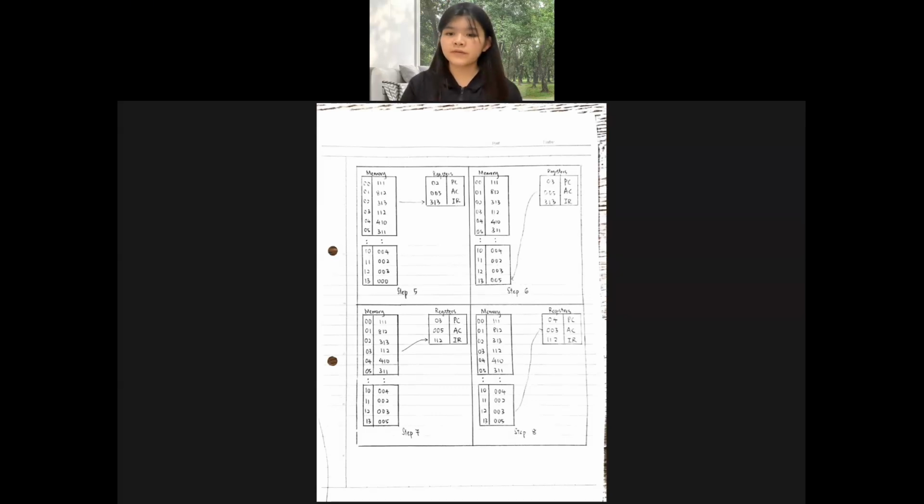For step 5, we fetch 313 into the IR, and in step 6, the PC is incremented to 03, and the value of AC is stored into memory address 13. In step 7, we fetch 112 into the IR, and in step 8, the value 003 from memory address 12 is loaded into the AC.